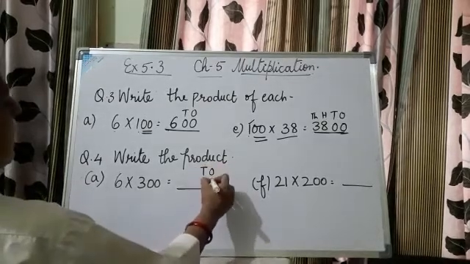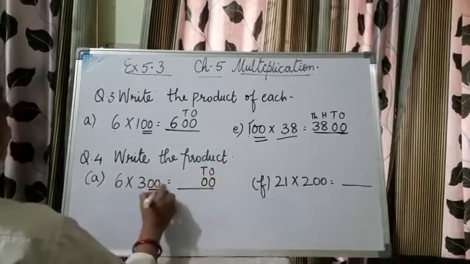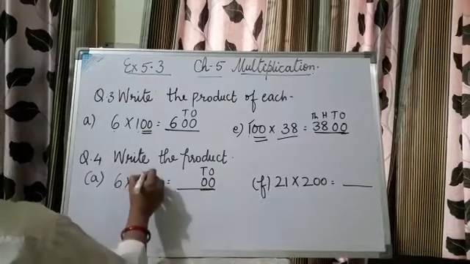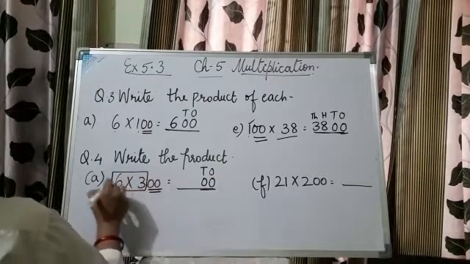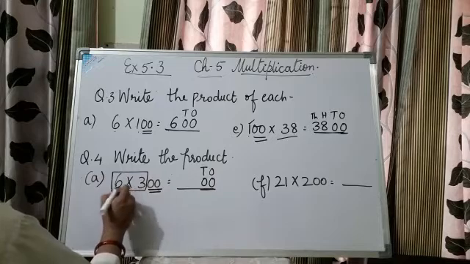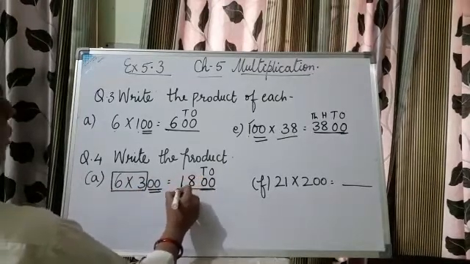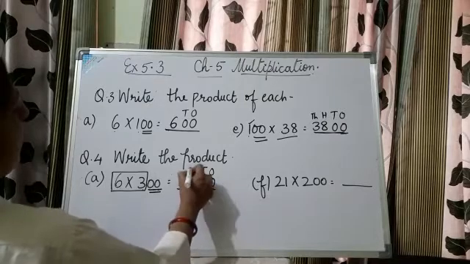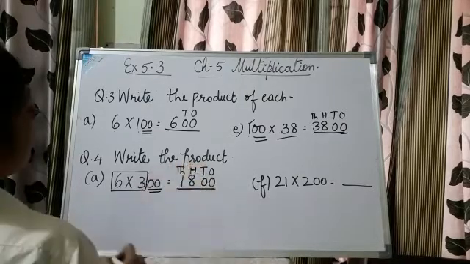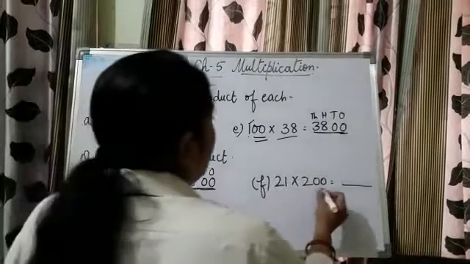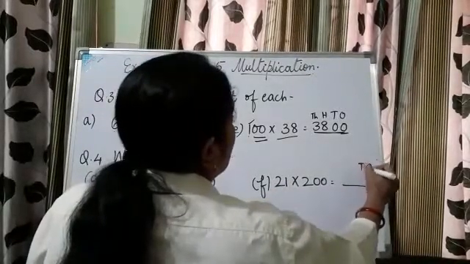Again in the ones and tens place we get these two zeros automatically and the left numbers are multiplied with each other, that is 6 multiplied with 3 gives you 18 and your product becomes 1800.